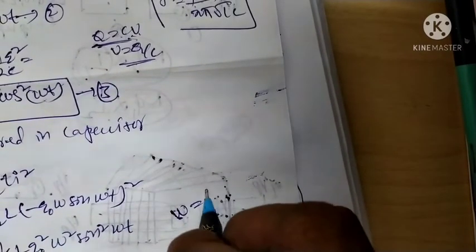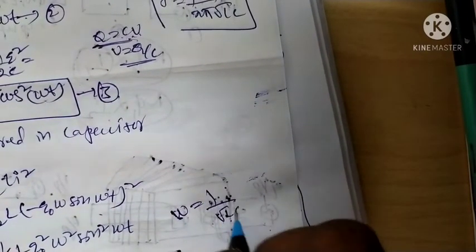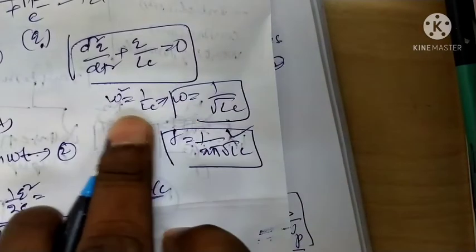Okay, what is the relation? Omega is equal to 1 by root of LC. From this equation, omega square is equal to 1 by LC.